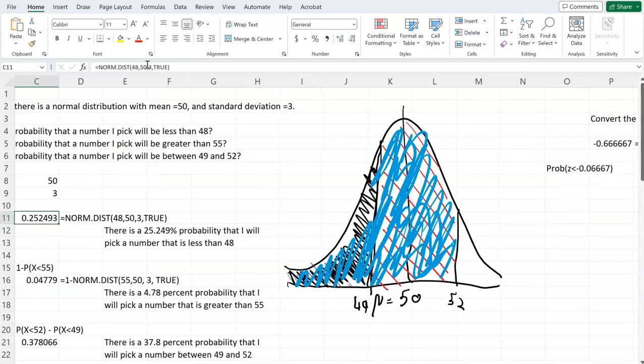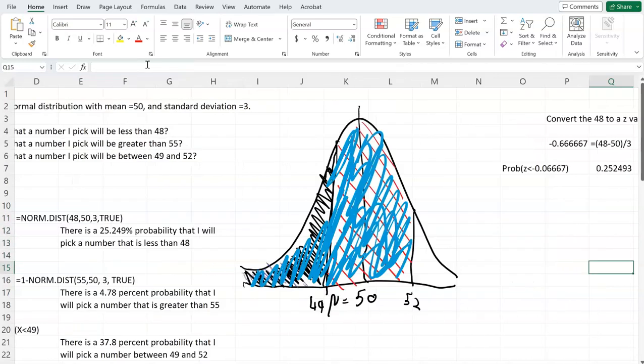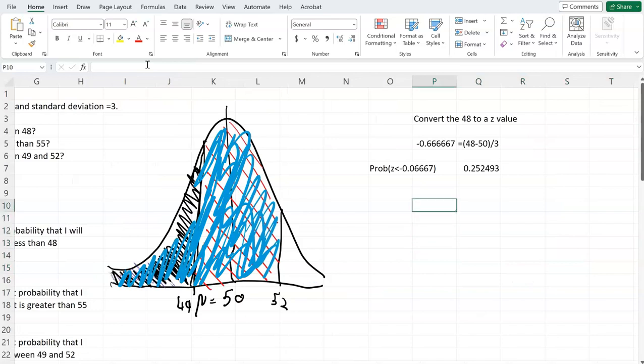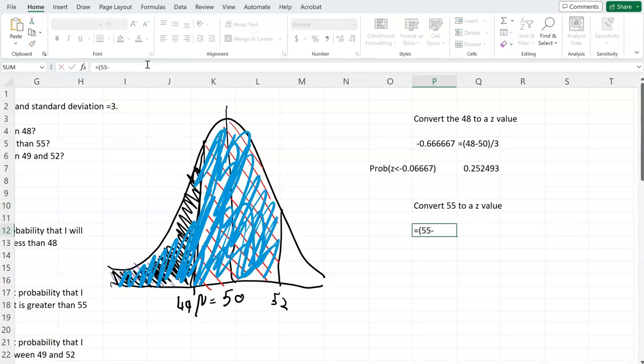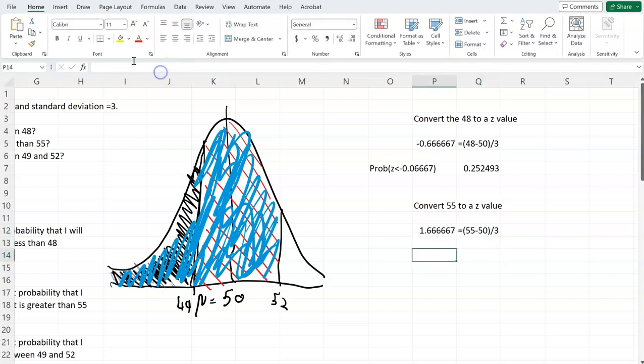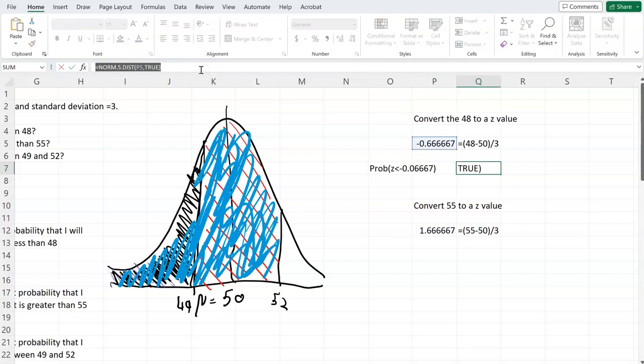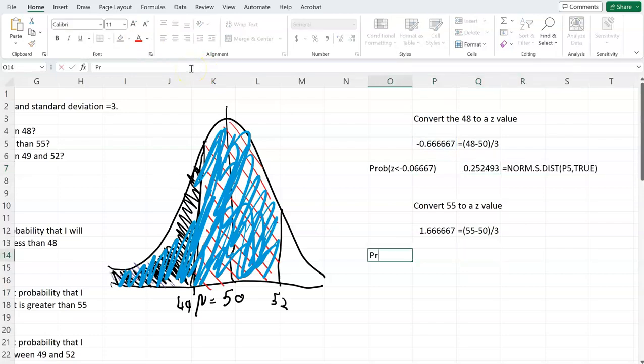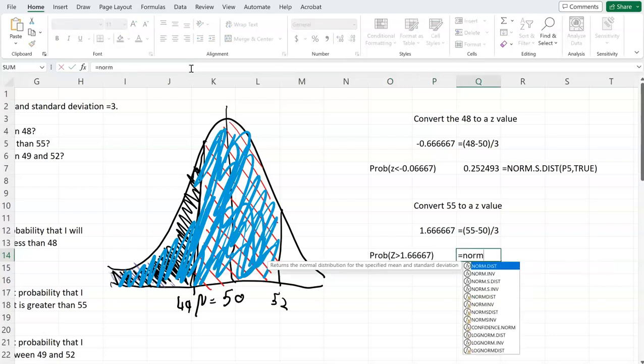If I were to find the probability that x is greater than 55, I would convert 55 to a z-value, which equals 55 minus 50 divided by 3, and I get 1.667. And then I would use the same formula again. So the probability that z is going to be greater than 1.66667 will be equal to norm.s.dist.